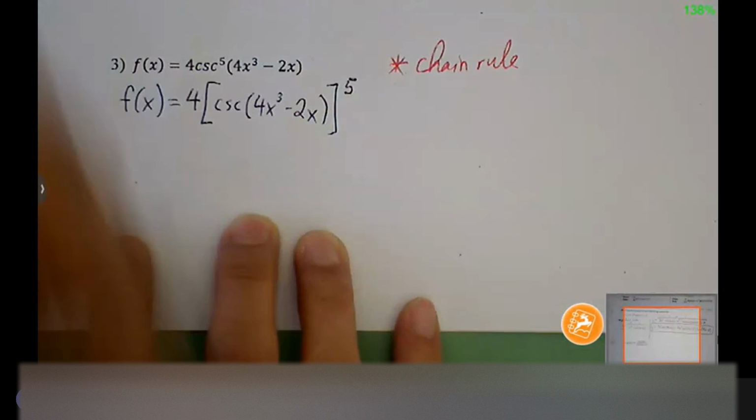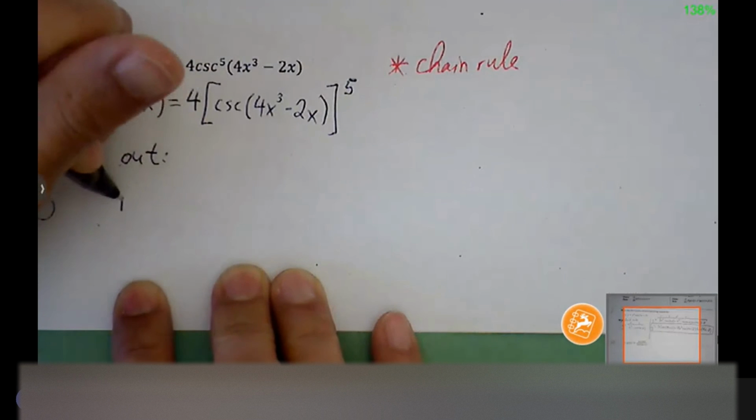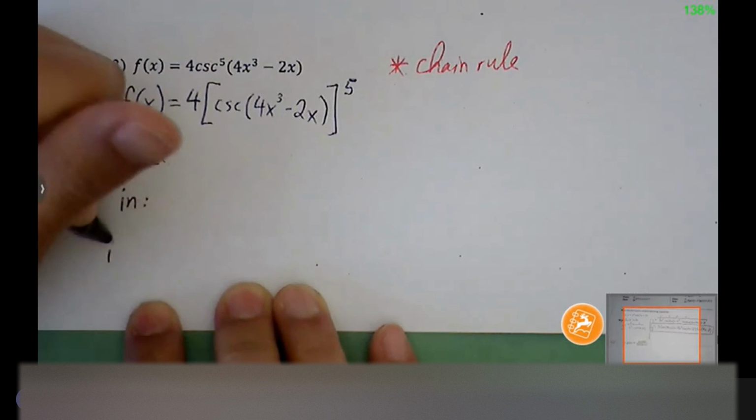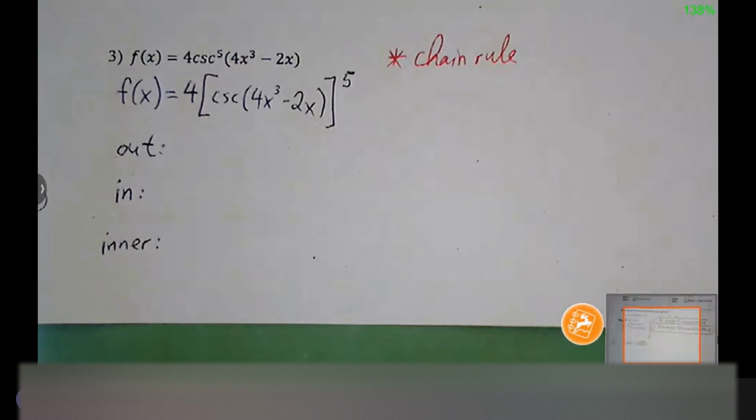Okay, from here, we need to recognize that there are 3 different parts to this problem. There's the outer side and there's the inner portion. Identify those 3 pieces, and then we're going to take turns with each derivative, and they're all going to be outside of each other.